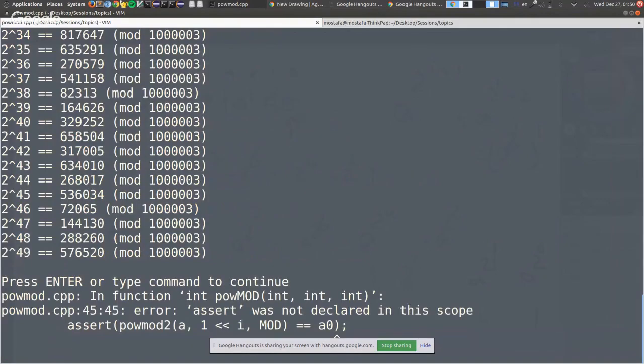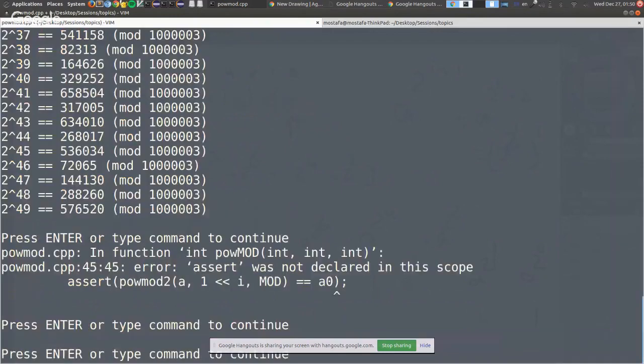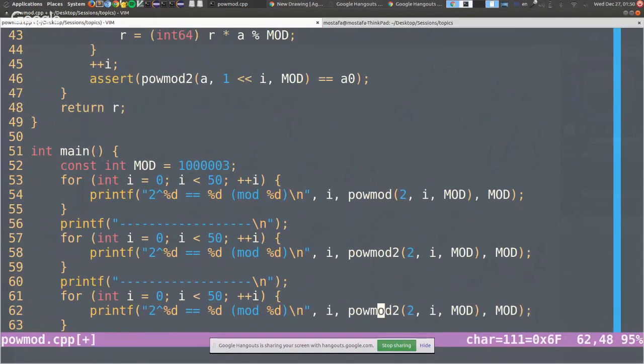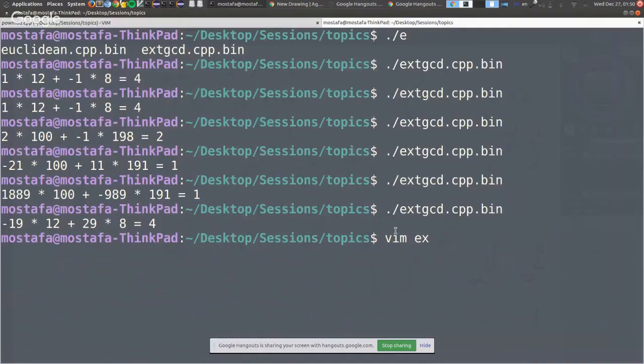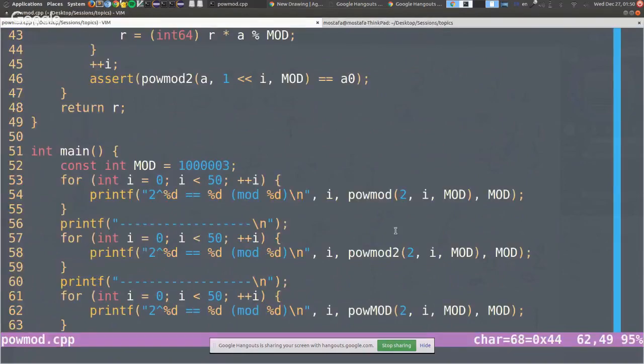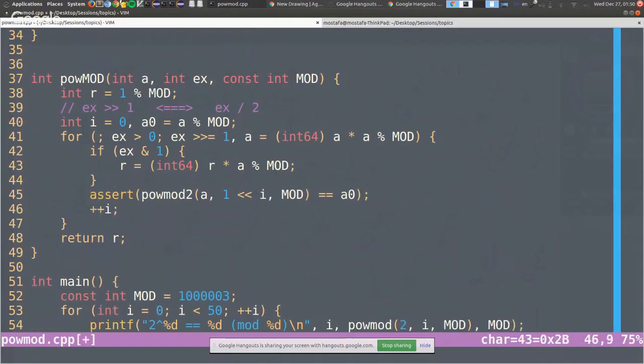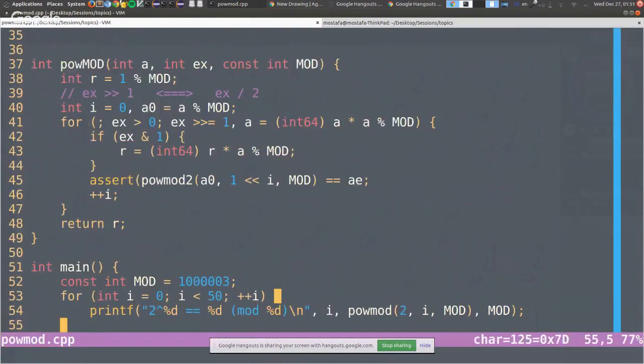I had the condition wrong in the beginning.